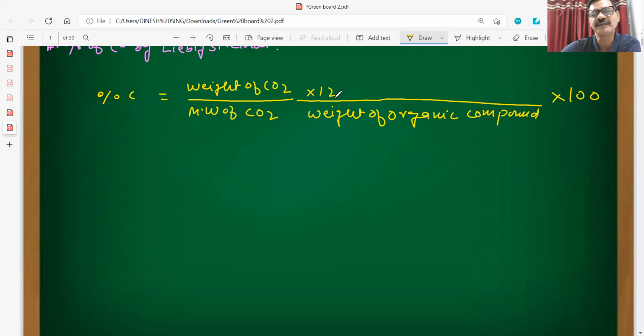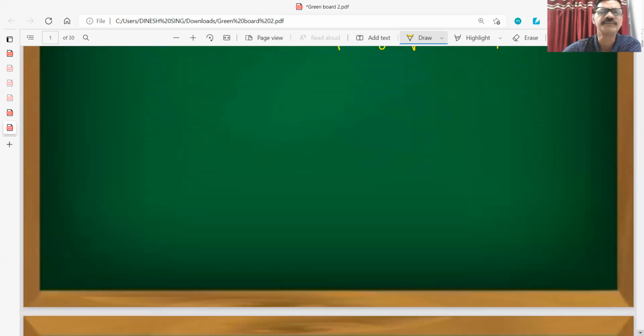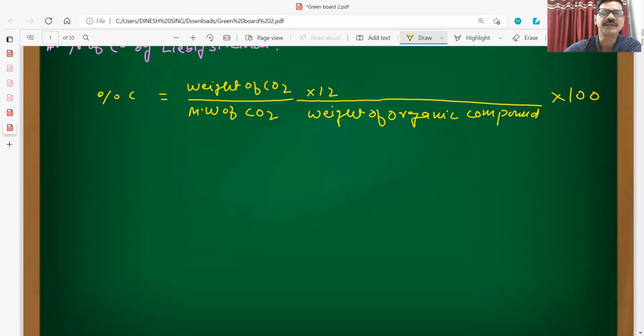So these moles, when multiplied with its atomic weight, we will get the weight of carbon. So weight of carbon upon weight of organic compound into 100 will give percentage of carbon.